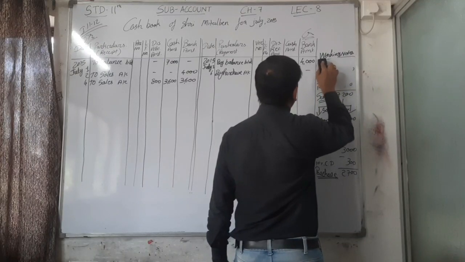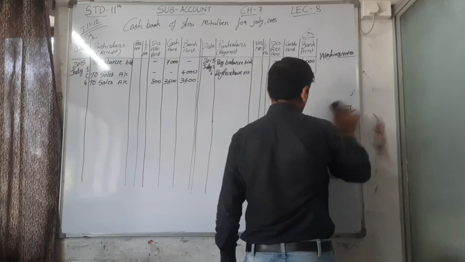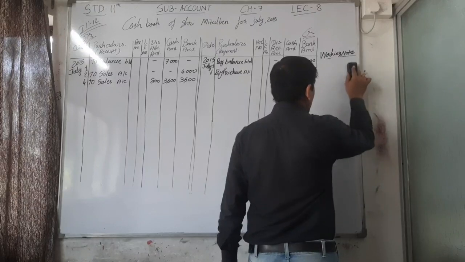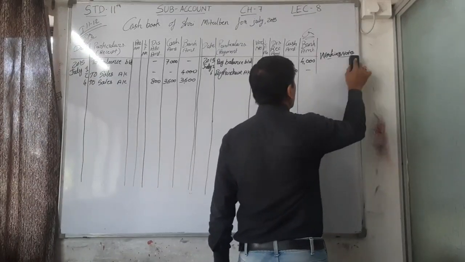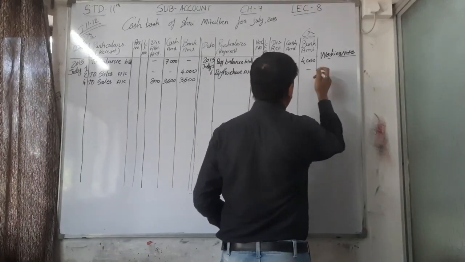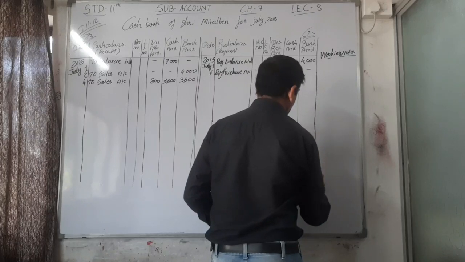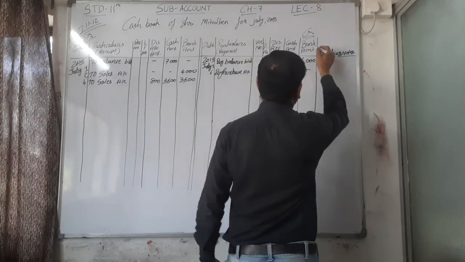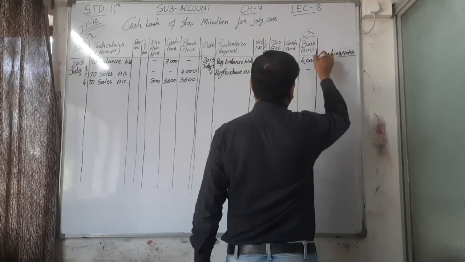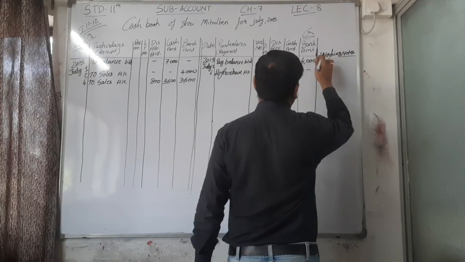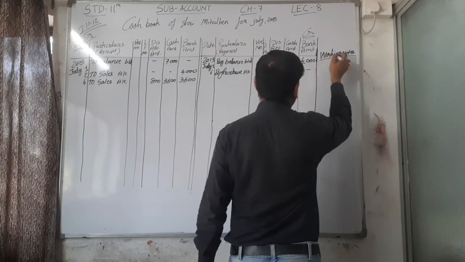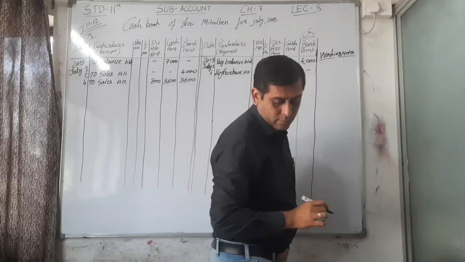Whenever an amount is deposited or withdrawn from the bank in the 3 columnar cash book or in the 2 columnar cash book with cash or bank column, at that time it becomes a contra entry. So here the date is 7th.